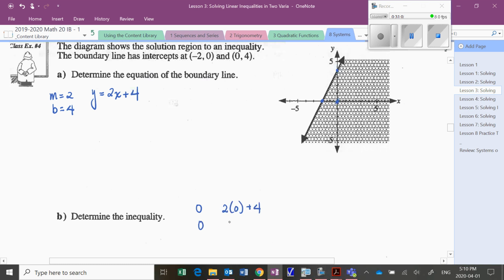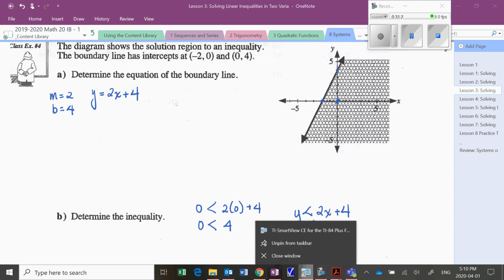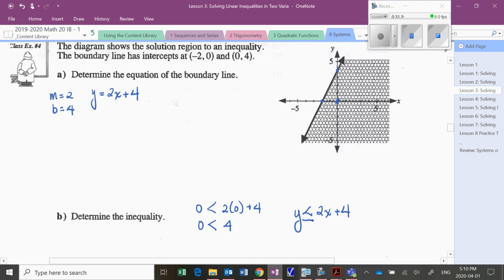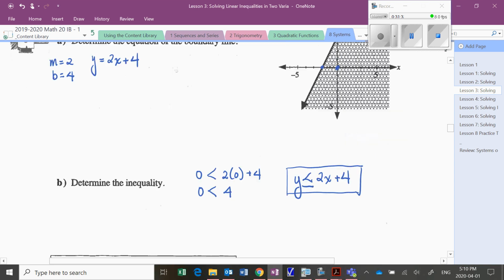So really we've got 0 and 4. Because this point is part of the solution, I need the statement to be true. So 0 is less than 4, so that means then y is less than 2x plus 4. But hold on, because that was a solid line, it is y less than or equal to 2x plus 4, and that is our inequality.